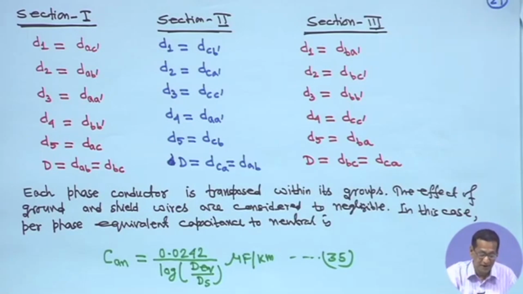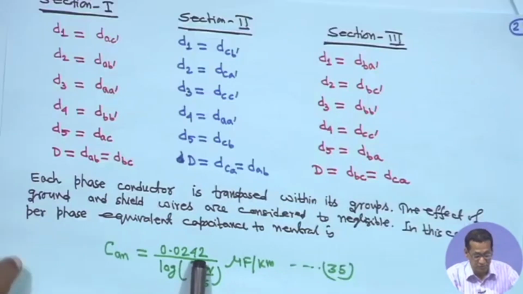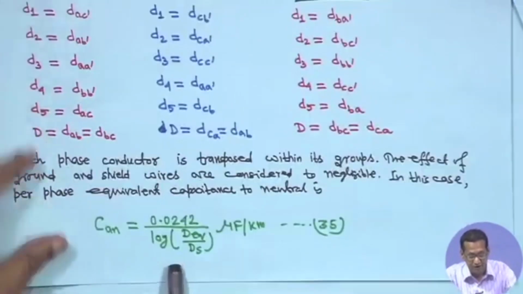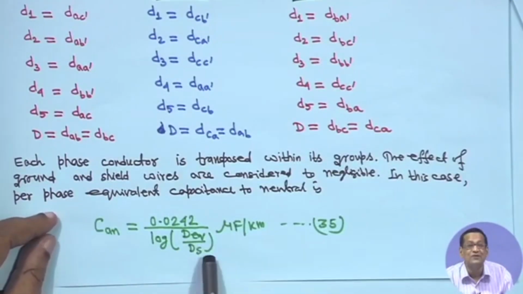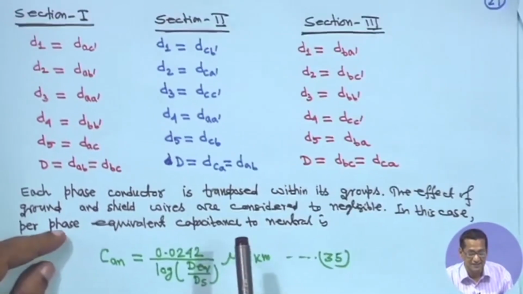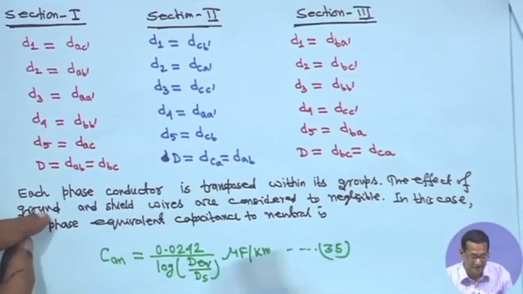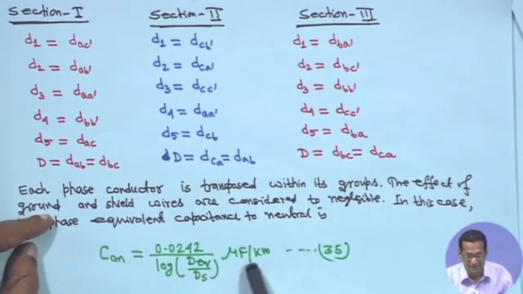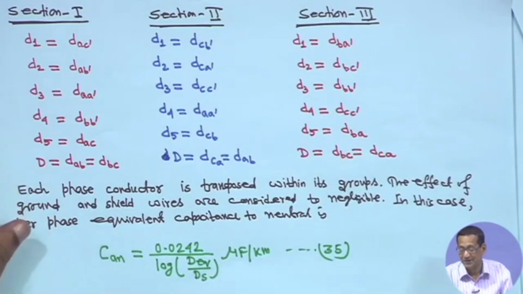In this case the per phase equivalent capacitance to neutral is CAN is equal to 0.0242 divided by log Deq upon Ds microfarad per kilometer. Generally you know it is log D upon r, but as it is a 3-phase double circuit line, it is basically log Deq upon Ds microfarad per kilometer. This is equation 35 and we have seen this before.